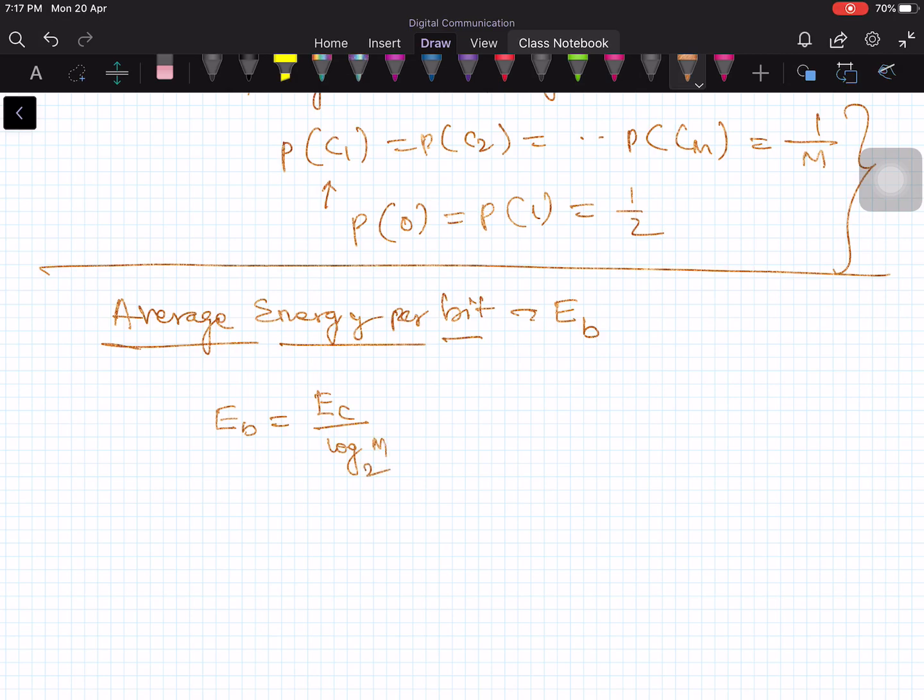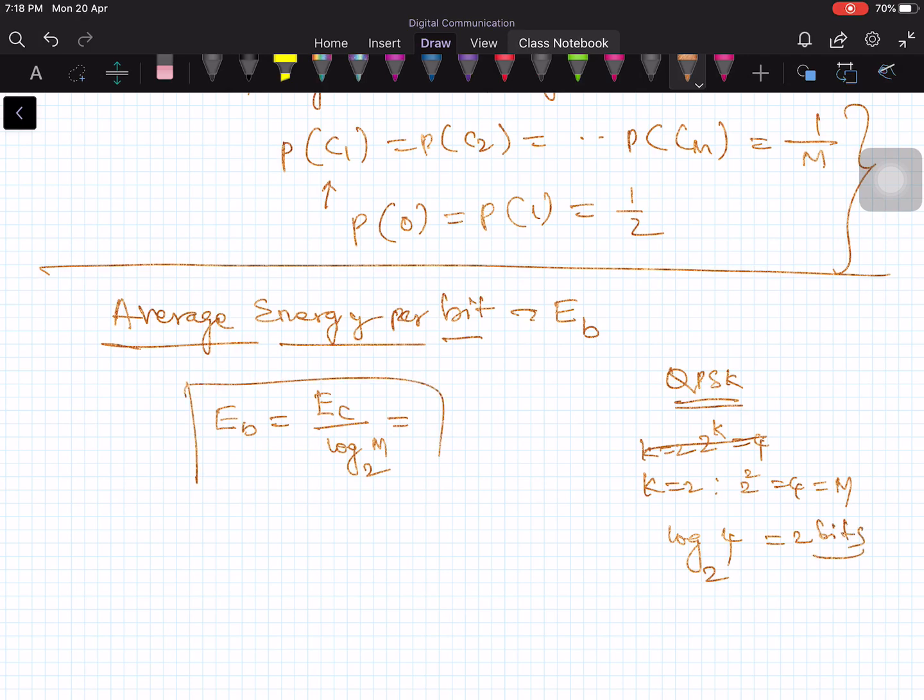So this many bits I am using in every symbol. Suppose you say QPSK, how many bits are we using? 2 bits, that is 2 power k is equal to 4, where k equals 2. That means 2 power 2 is equal to 4. This is my M. So you take log 4 to the base 2, which is nothing but 2 bits. Therefore in each symbol I am using 2 bits. So this is the formula to calculate energy per bit.